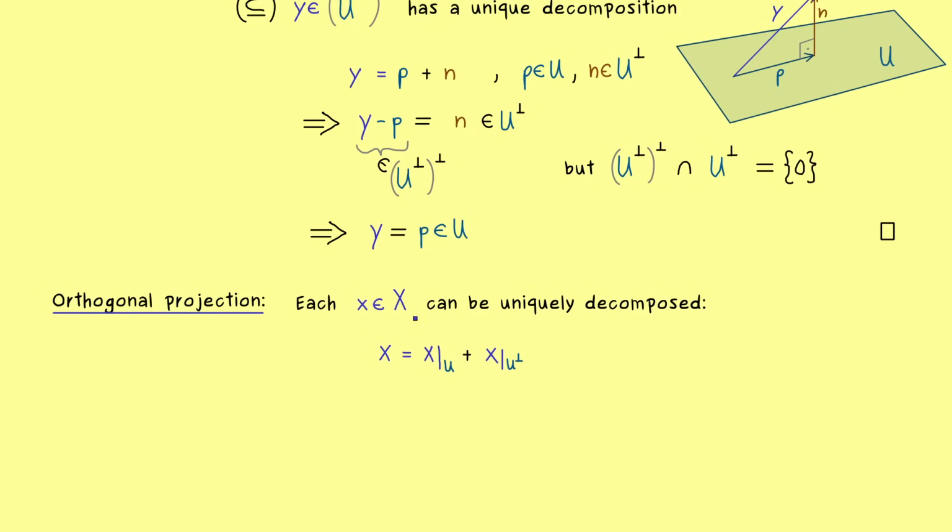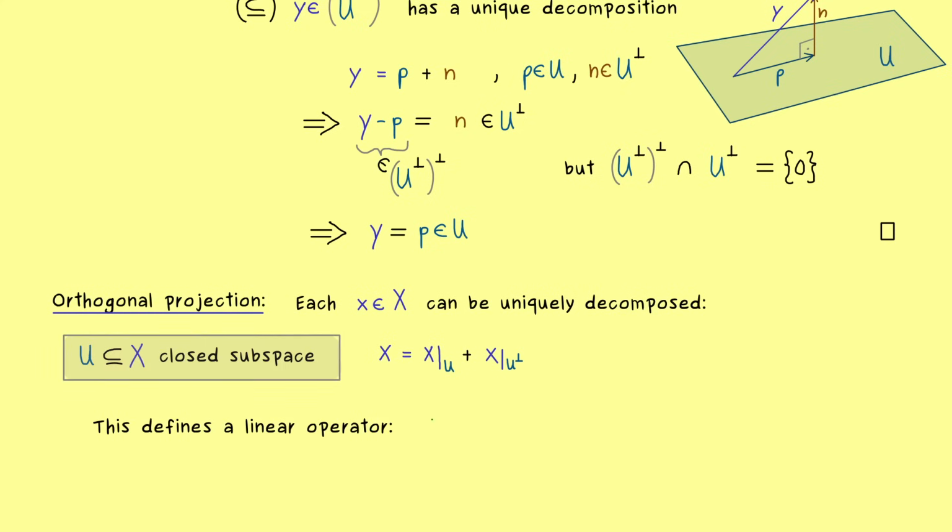The first one is the one onto our closed subspace U, and the second one the one onto our closed subspace given by the orthogonal complement. Therefore this notation here with the vertical line makes sense, but please keep in mind this only holds for a closed subspace U. And under this assumption, we immediately get a well-defined linear operator we can call P with index U.